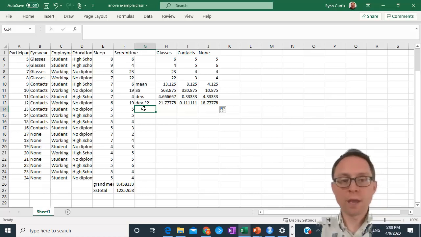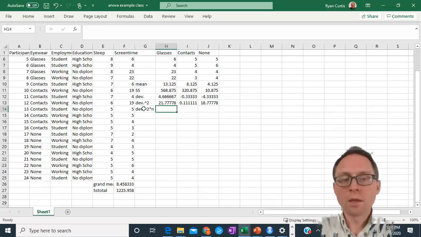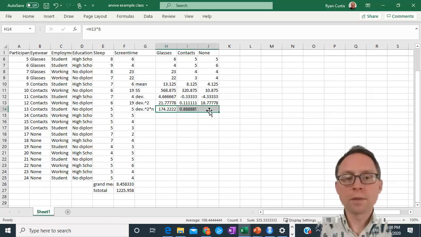It really doesn't matter, but it's going to be each of these times n. In the book, they tell you to add them up and then times it by n. It doesn't really matter which order you do it in. Equals this times, in this case, we have 8 people in each group. So when I add these up, here's what I get.